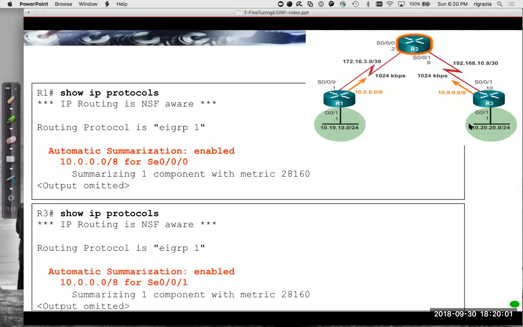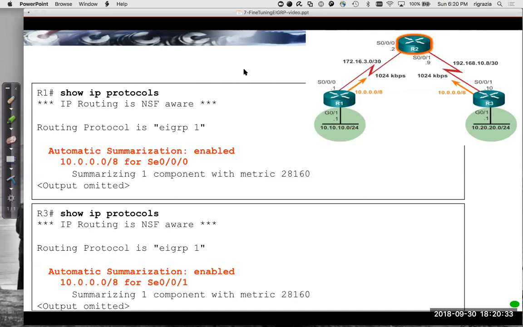What we want to do is disable it. It causes what are called discontiguous networks. These two subnets both belong to the same summary. So when R2 has a packet for either one of these subnets, it might send one packet one way, one packet the other, depending on how the router is doing load balancing, whether fast switching, process switching, or Cisco Express Forwarding. I won't get into that.